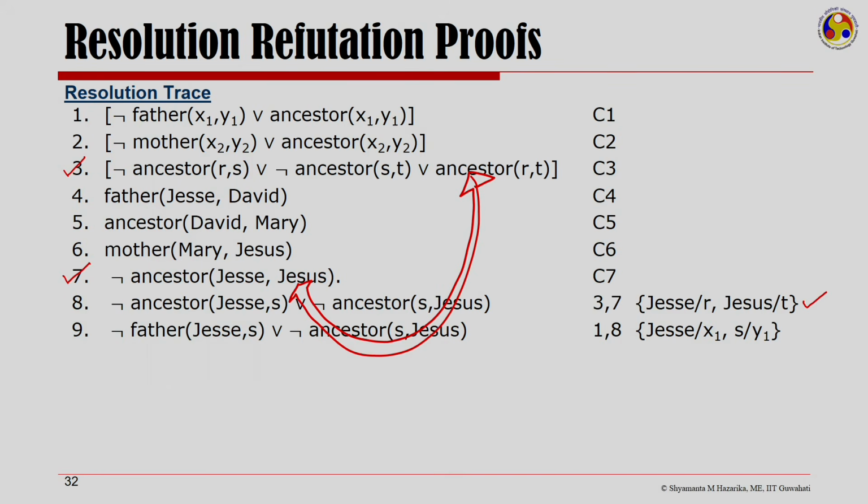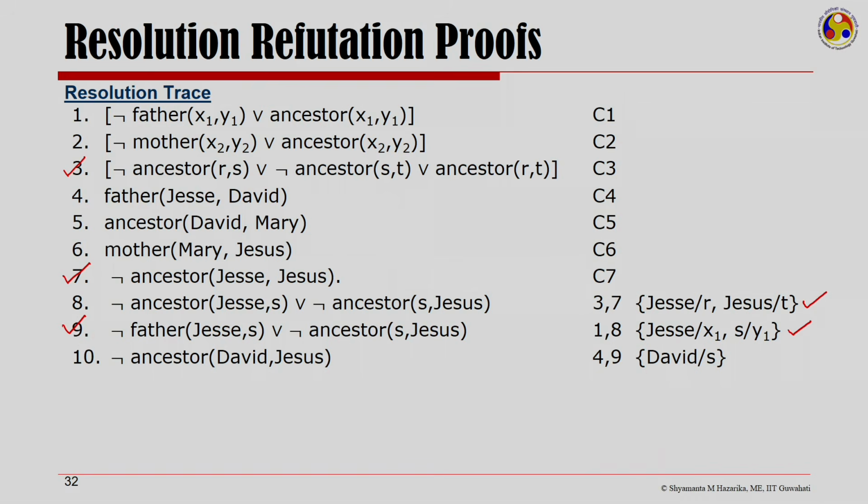The next is about taking 1 and 8. So, in 1 and 8 you could see that we are talking of a substitution which is Jesse for x1 and S for y1. So, that substitution will give us the number 9 clause.